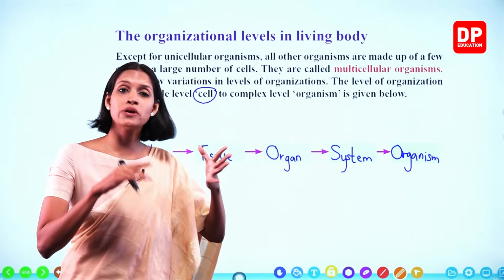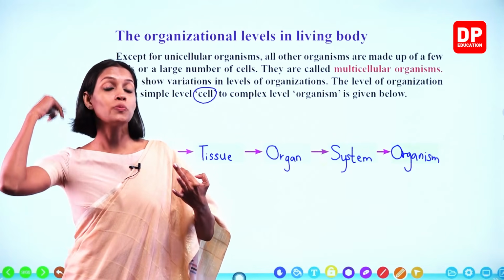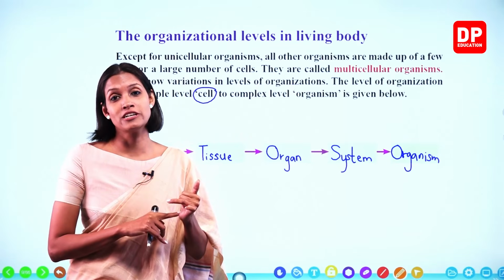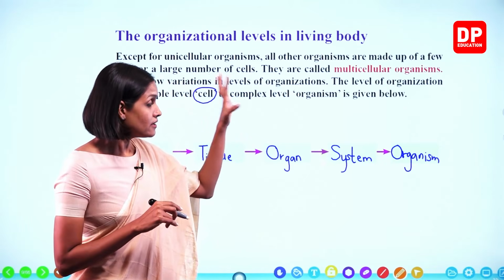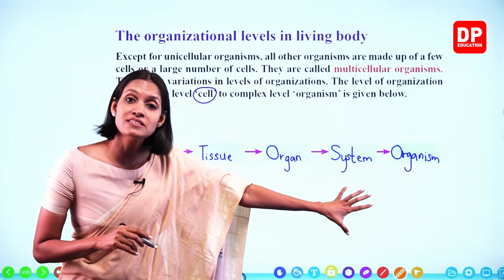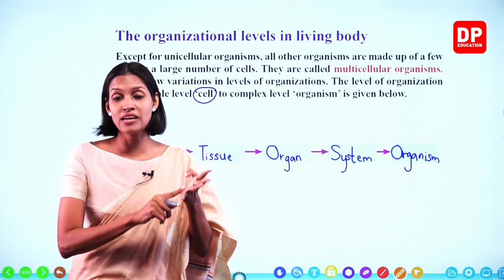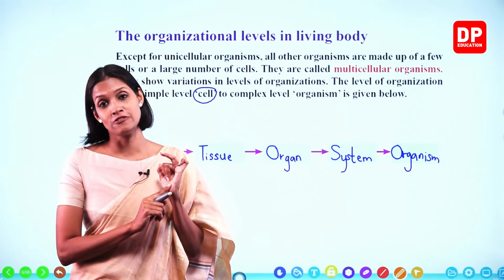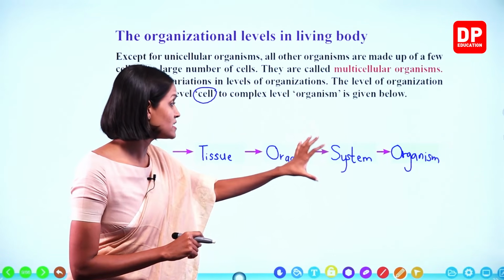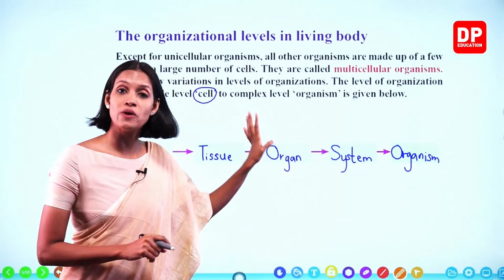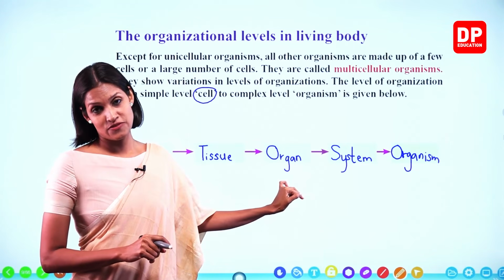What are the organs? The brain is one organ, your spinal cord is one organ, and your nerves are the other organs. So the nervous system is made by combining different organs: the brain, the spinal cord and the nerves.